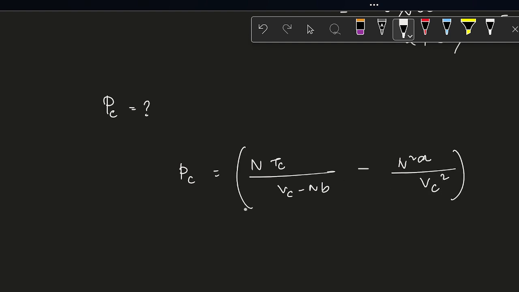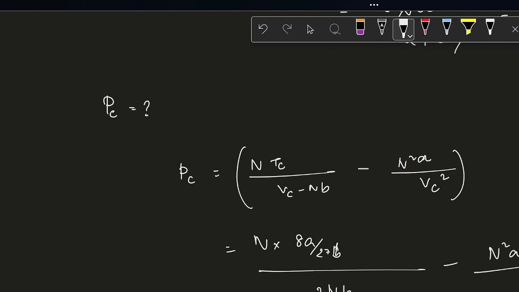I hope this is correct. And so we plug in the value of TC as 8a by 27b, divided by 3nb minus nb is just 2nb, minus n squared a by 2nb whole squared is 4 n square b square.